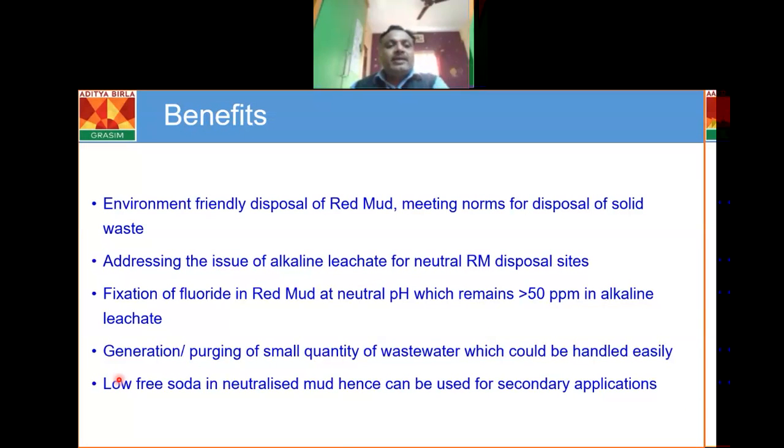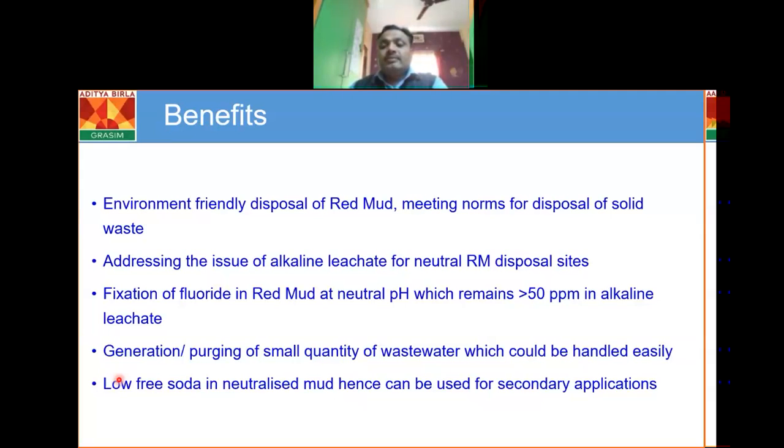If we see the benefits, when we are neutralizing the red mud, it is an environment friendly disposal, meeting norms for disposal of solid waste. It also addressed the issue of alkaline leachate coming out from the disposal sites.